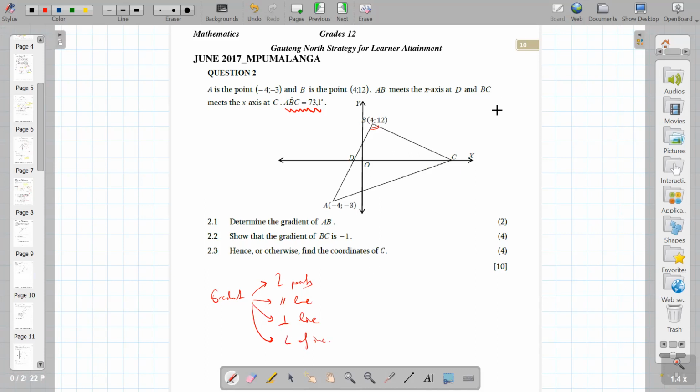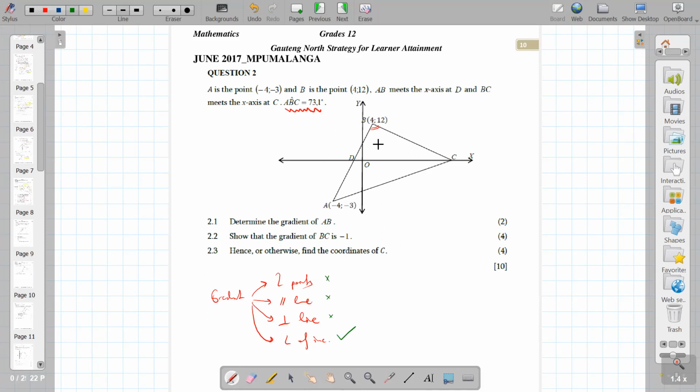Now, in this case, according to BC, we have nothing. There's no 2 points, no parallel, but angle of inclination could work. Those are the ones we may not get help from, but angle of inclination can be determined. That's why it must have been given.